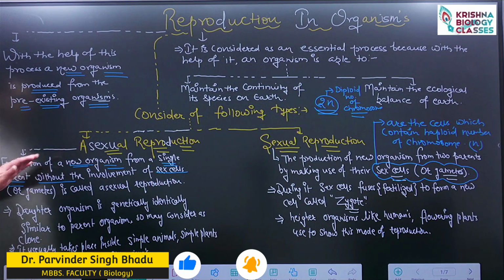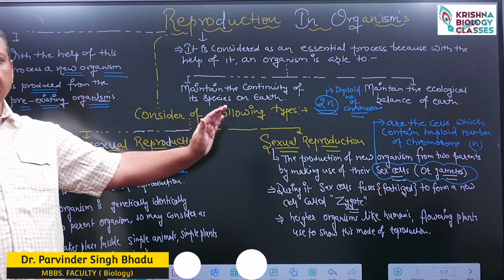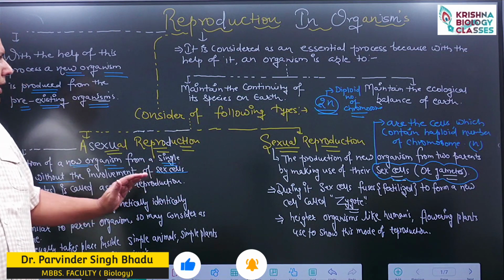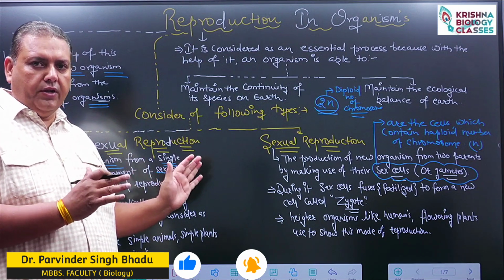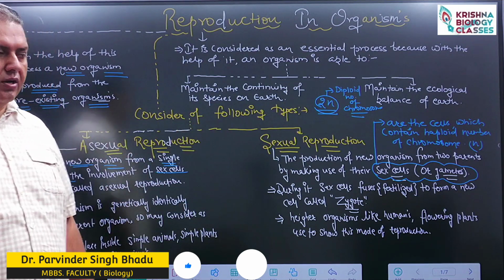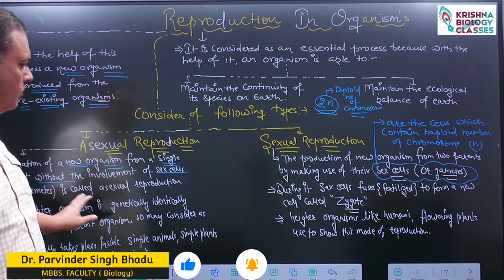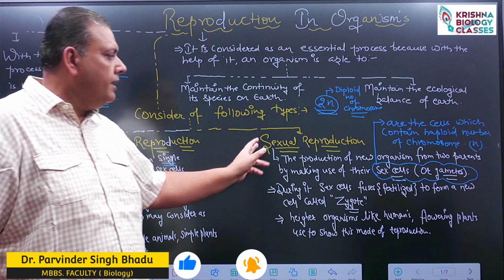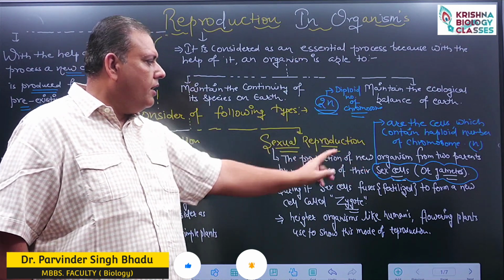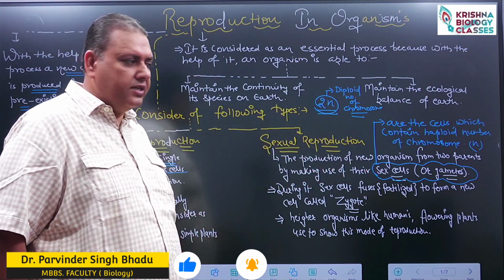So in a normal way, we say that the major difference between the two modes of reproduction, asexual and sexual, is that there is no involvement of gametes or sex cells in asexual reproduction, whereas there is involvement of sex cells or gametes in sexual reproduction.